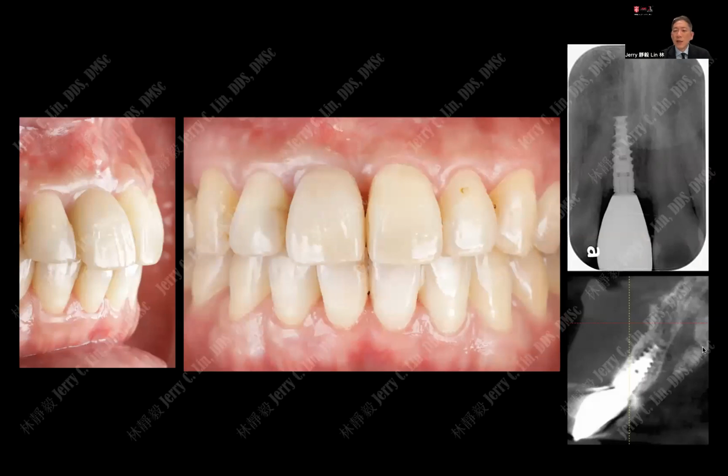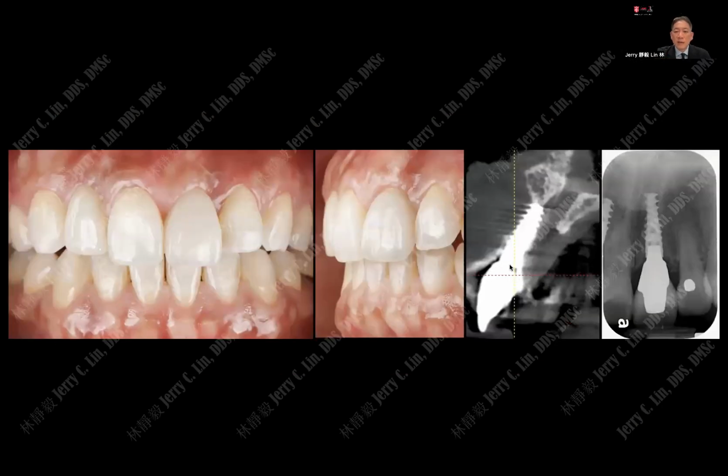So those are examples where the implants were placed with good angulation and good room, and also placed in the center, with good running room for aesthetics. And this is another example, two examples, one screw-retained and one cement-retained prosthesis.